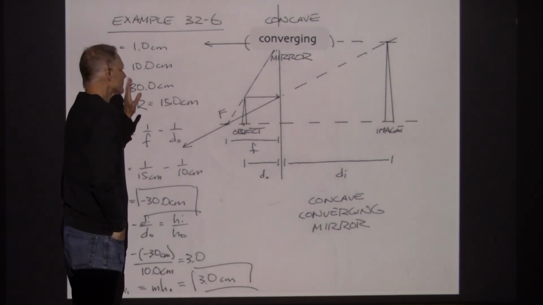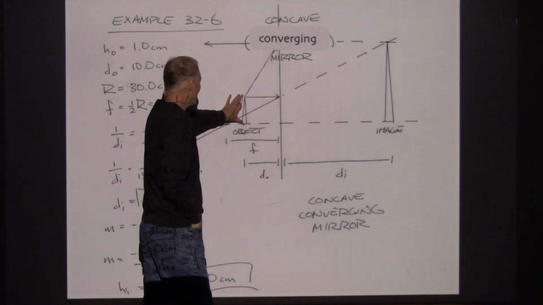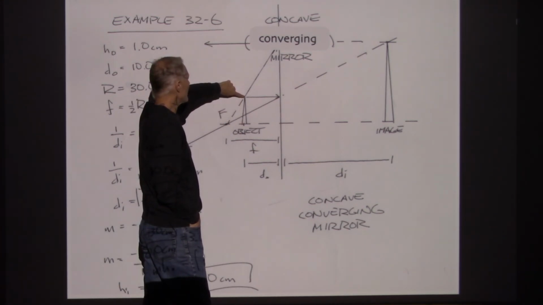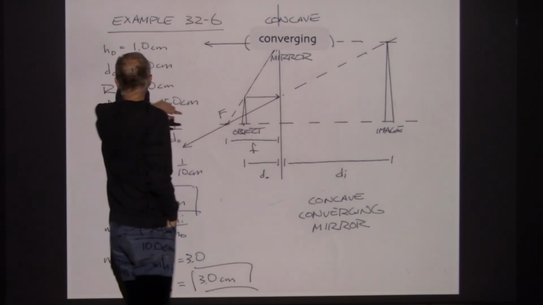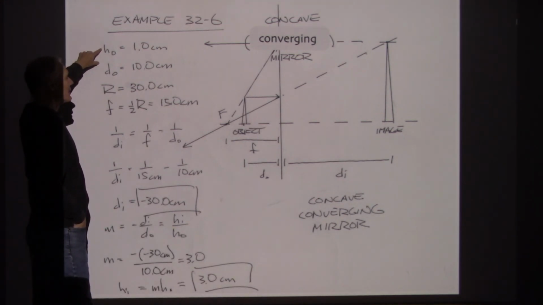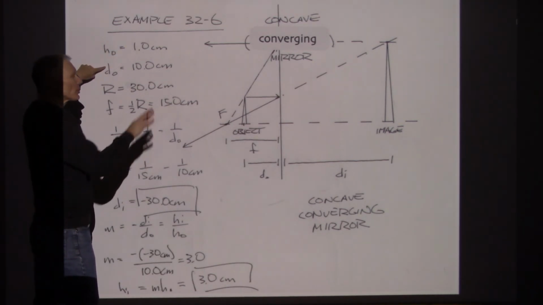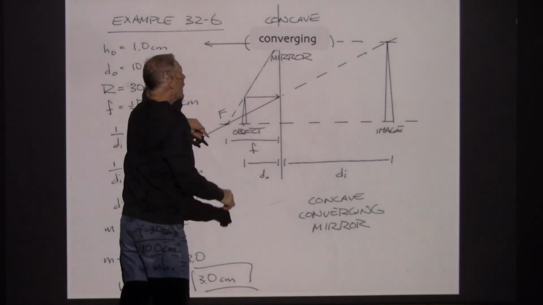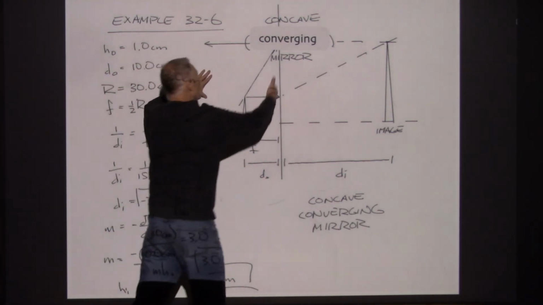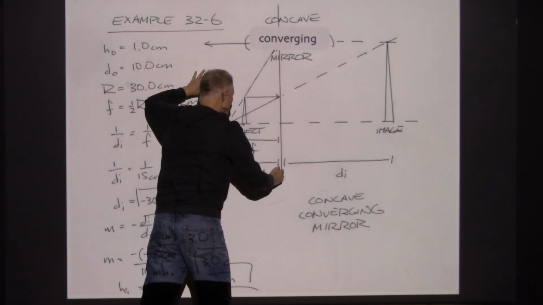So this is the object. I'm going to say this is the location of the person's nose. What we were told here is that the height of that region of the nose that we're looking at is 1 centimeter. It's located 10 centimeters away from a concave converging mirror. So the mirror's location is right here.